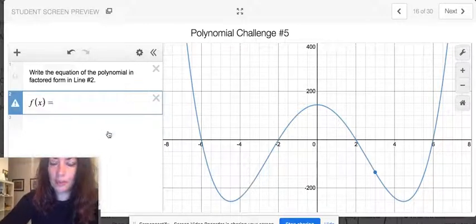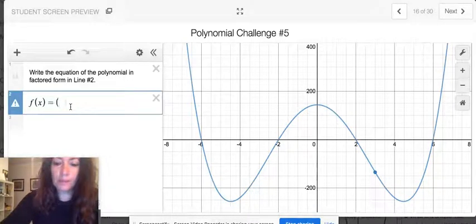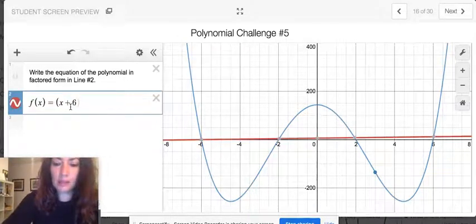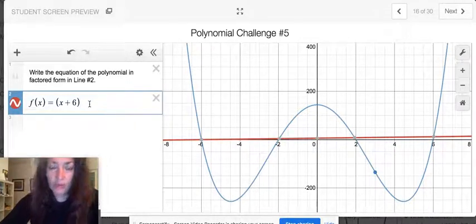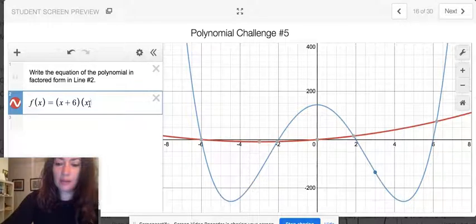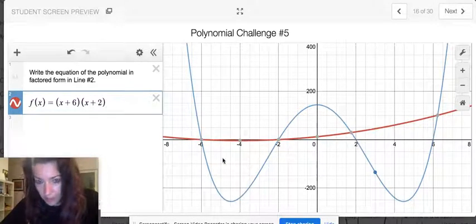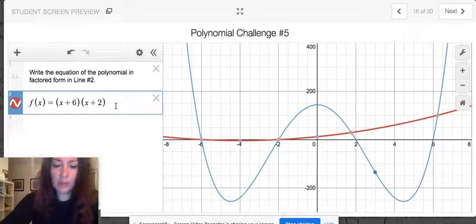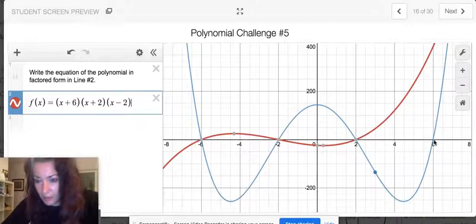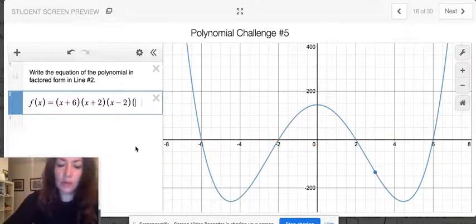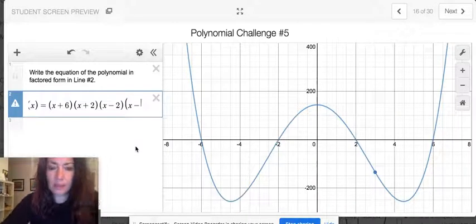So as you can see, we have an intercept at -6, so that would mean x plus 6. And an intercept at -2, so that would mean times x plus 2, times an intercept at +2, so that would mean times x minus 2, and an intercept at +6, so times x minus 6.